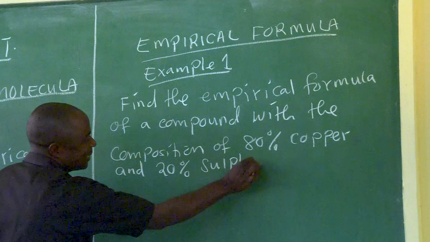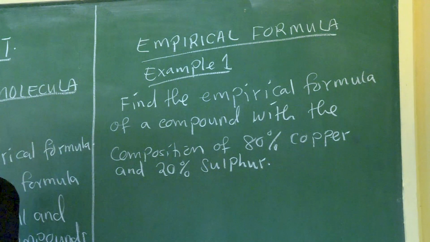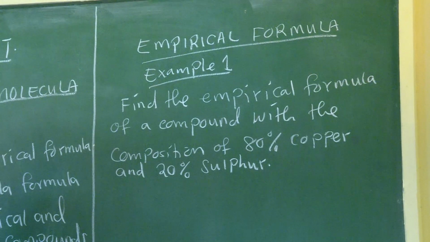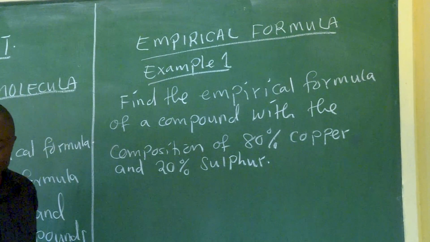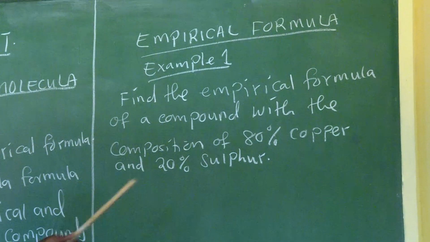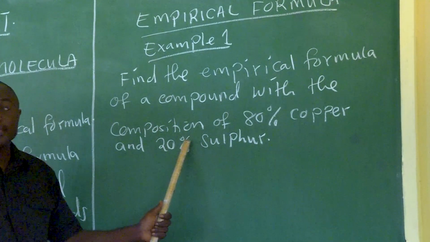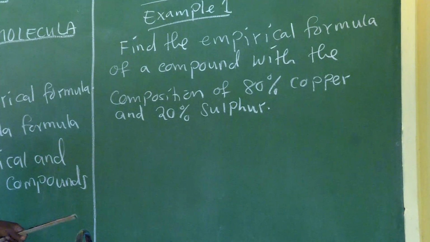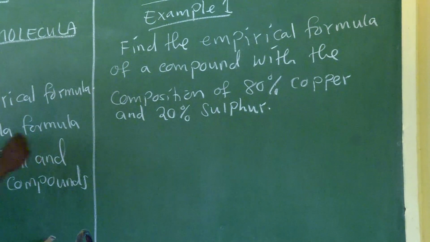This is our first question. Find the empirical formula of a compound with the composition of 80% copper and 20% sulfur. This is our question. So, solution.